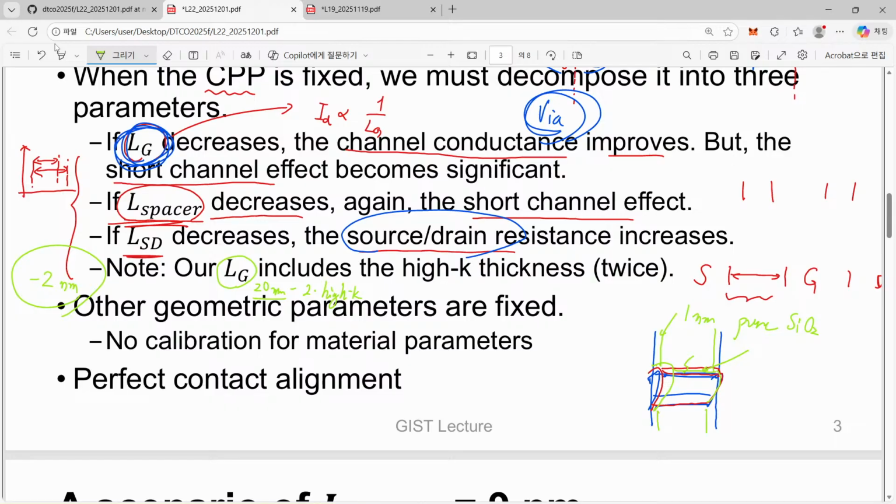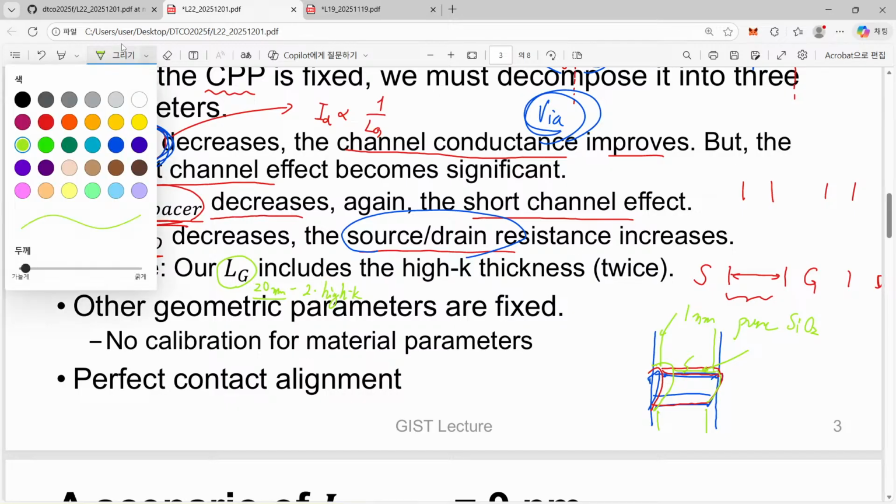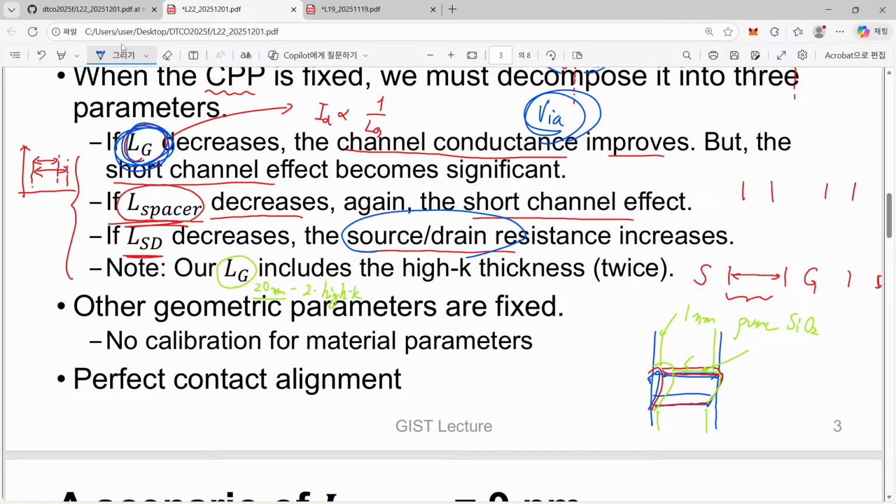Okay, please be aware of this difference. But right now I will just use this convention. As long as we apply a certain convention consistently within our work, then it is okay.